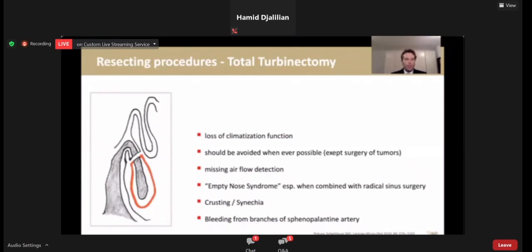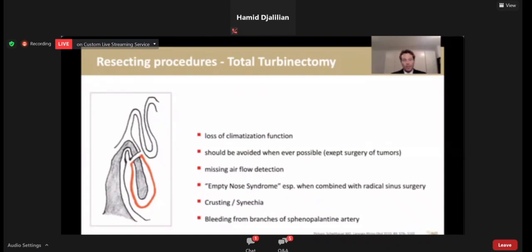The problem with the patient could be that even if you have a good view through the nose, there is a missing airflow detection on the surface of the turbinate, and the patient is complaining about a blocked nose. Furthermore, if you combine this procedure with radical sinus surgery, there can be an empty nose syndrome with crusting and long-term problems, and synechia can also occur after this procedure.